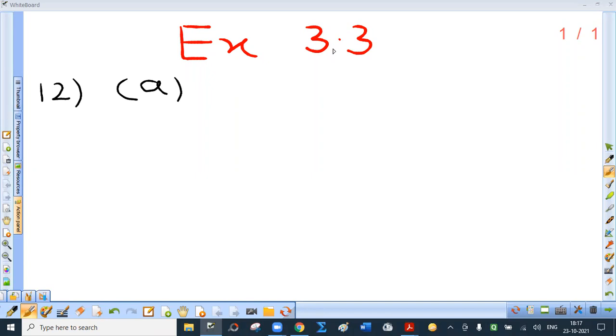Therefore, the required number equal to 120.